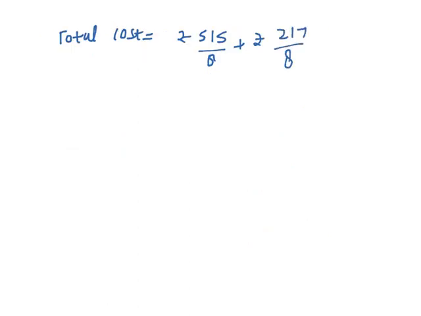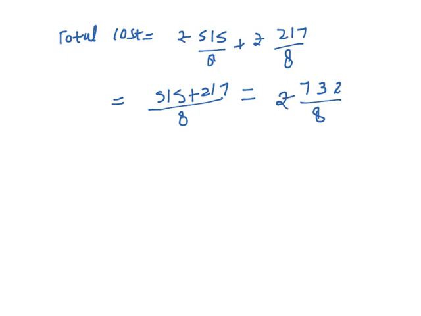As these have the same denominator, we will keep the denominator same and add the numerators. 515 plus 217: 5 plus 7 is 12, 1 carry, 1 plus 1 is 2, plus 2 is 4, 5 plus 2 is 7, so 732 by 8. So the total cost of mangoes and grapes is 732 by 8. Further we can change it into the simplest form. It has 4 as a common factor, so we get 183 by 2. So the cost will be rupees 183 by 2.